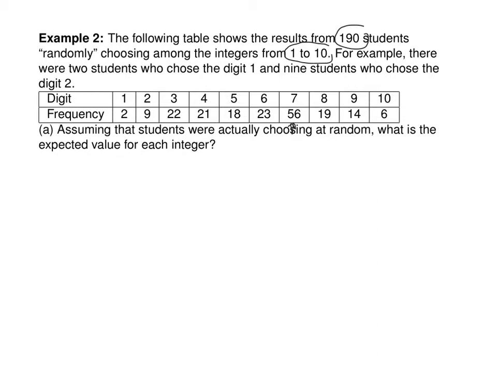If they were choosing completely at random, what is the expected value for each integer? Since there are 10 integers, and assuming each of them is equally likely, the probability of each integer is 1/10. So the expected value will be 190 tries times 1/10, or 19.